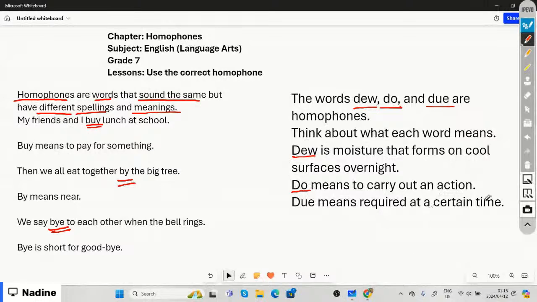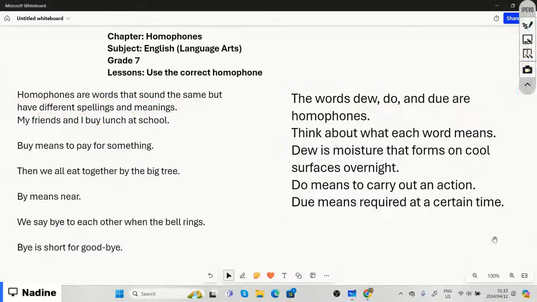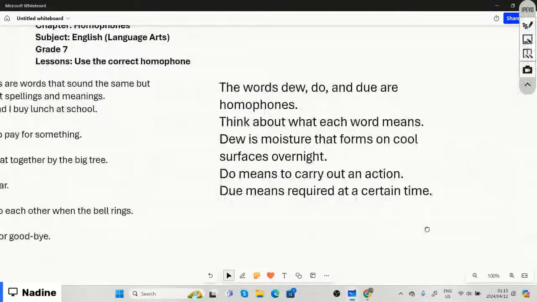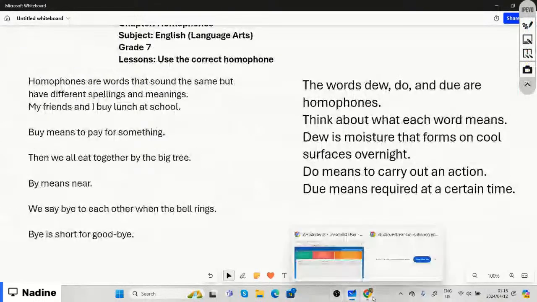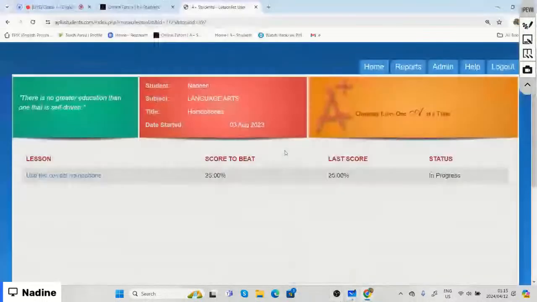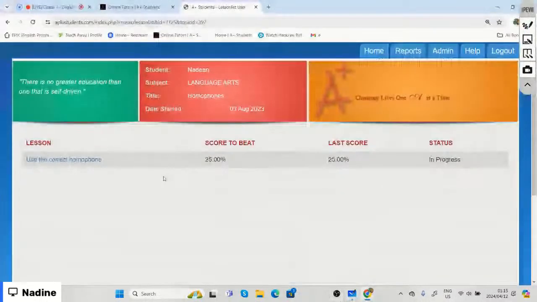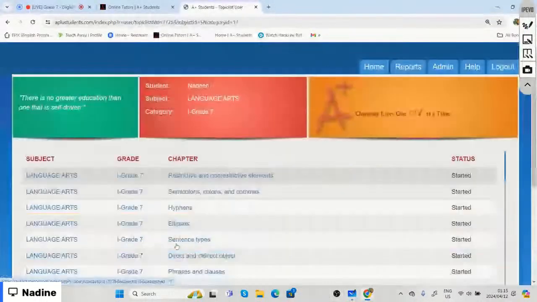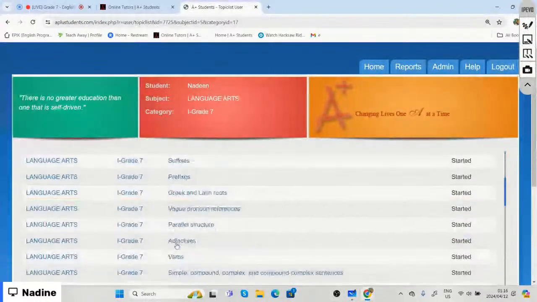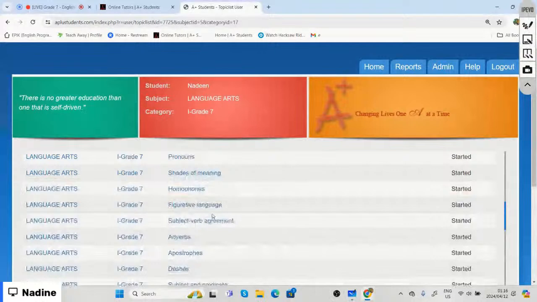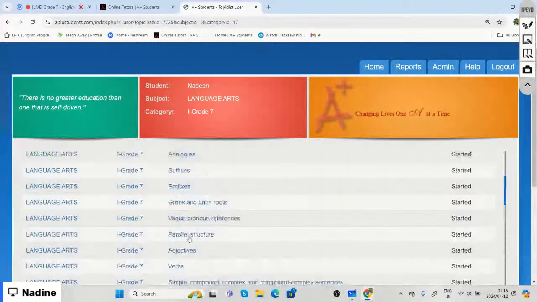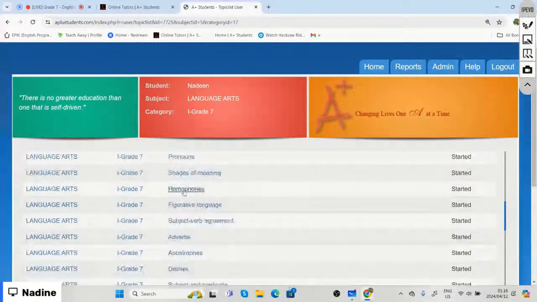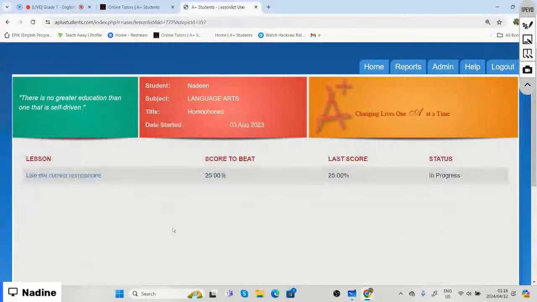We are doing a tutorial lesson on aplusstudents.ca. Let's go to aplusstudents.ca. We are going to the first one, which is to use the correct homophones.